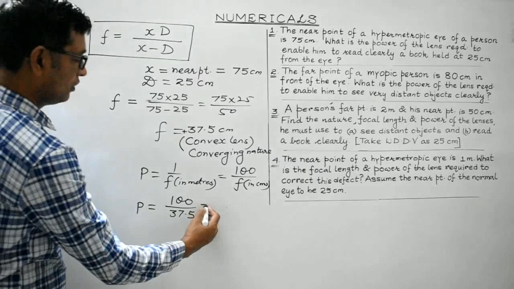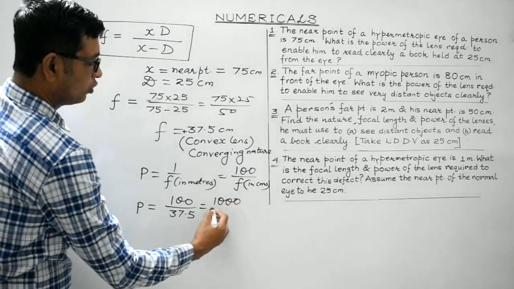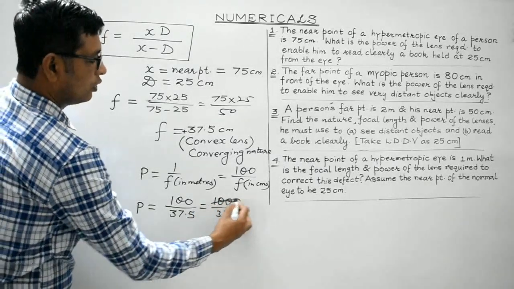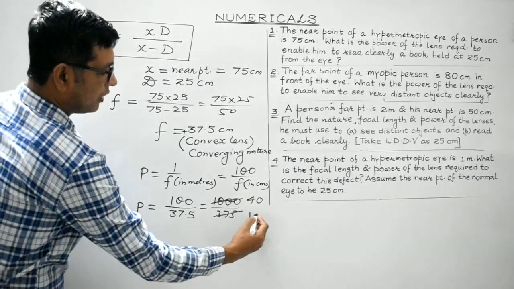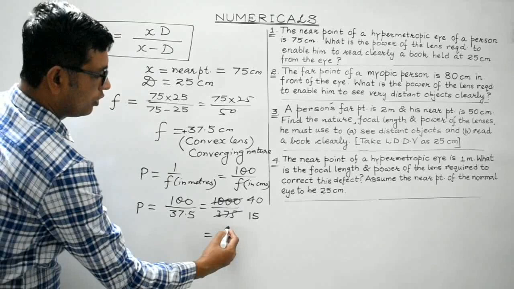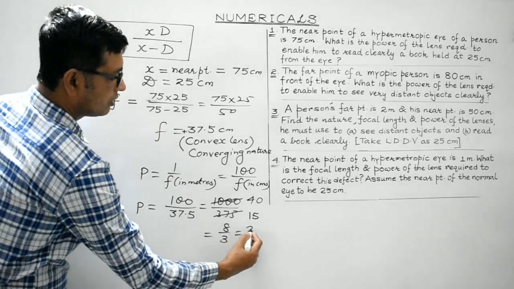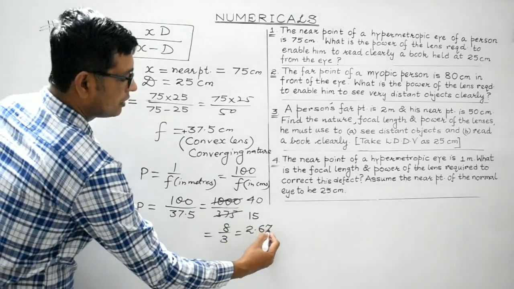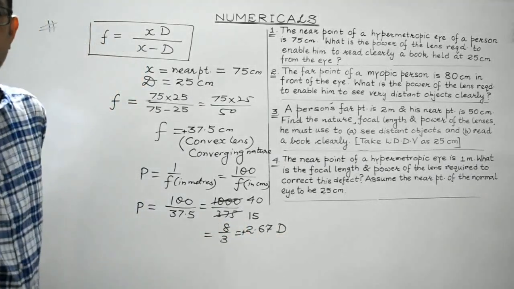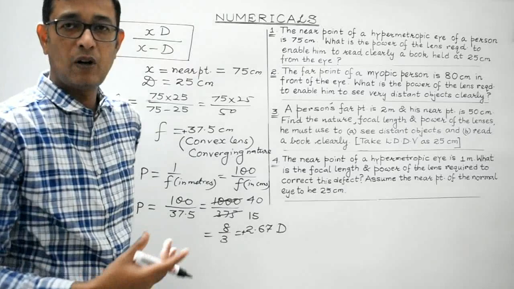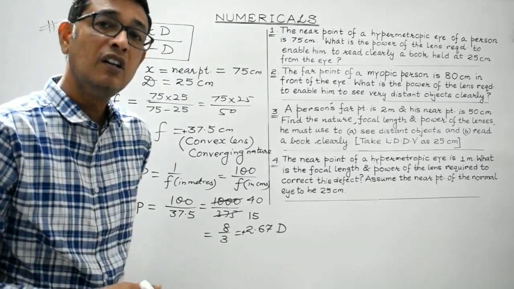So let's try to solve it. So it can be written as 1000 divided by 375. So it will be equal to 8 by 3, that is 2.67 diopter with positive sign. What it means is positive power. Power of a lens is positive for converging lens.